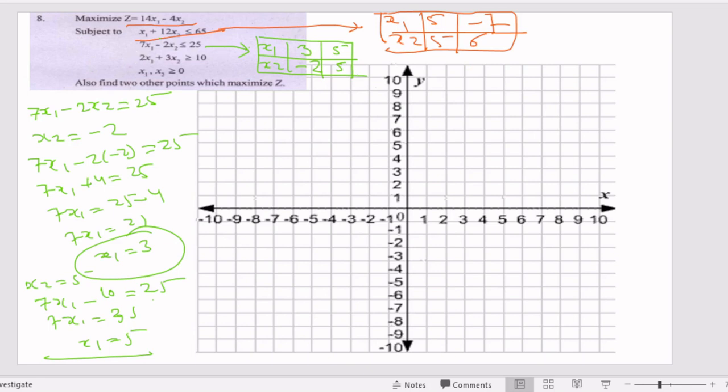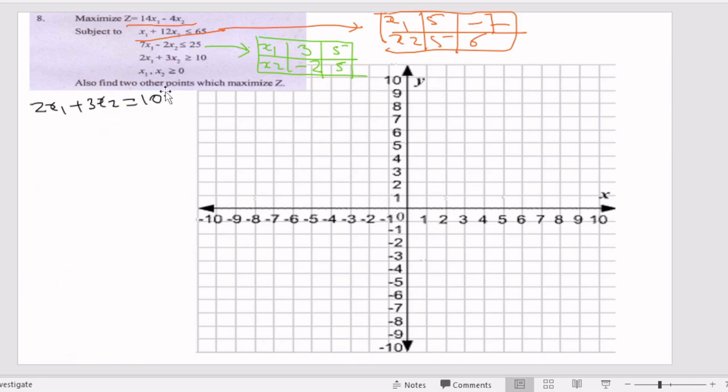Let's check the points for the third equation. Third equation, 2x1 + 3x2 = 10. This is a little bit easier. For example, if I substitute x1 = 5, 2 into 5 + 3x2 = 10, so 3x2 = 10 - 10, x2 will be 0, right?